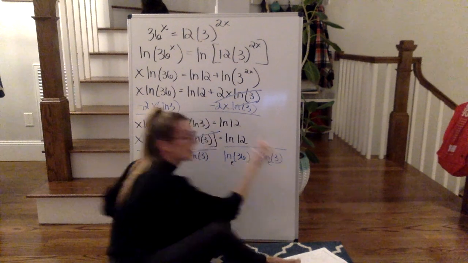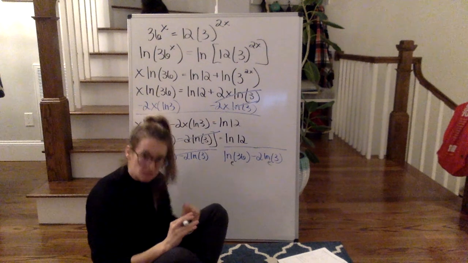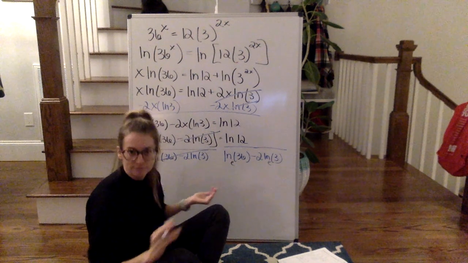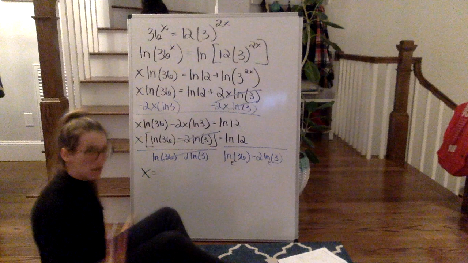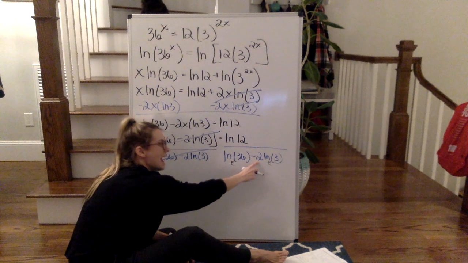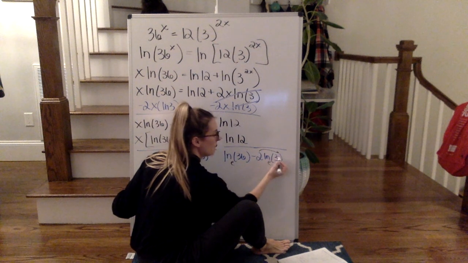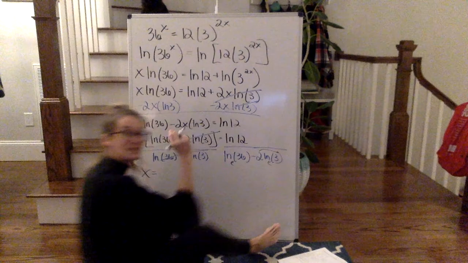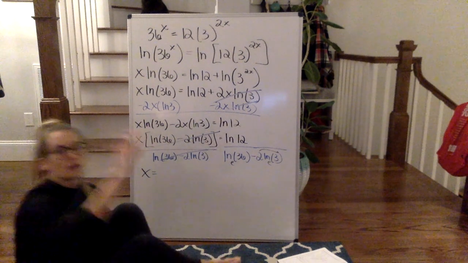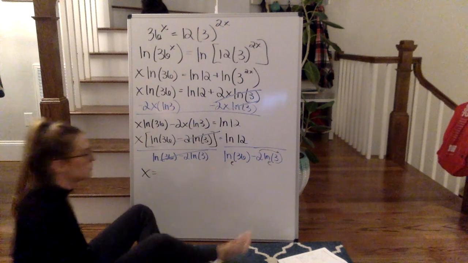So something I can actually do is condense this down to be a single natural log, single ln, right? Before I do that, though, I want to consider this leading coefficient in front, this 2. I think I should take that 2 and pop it back up onto the 3 as an exponent. So I'm going to do reverse power property so that I can then condense them down into a single log.